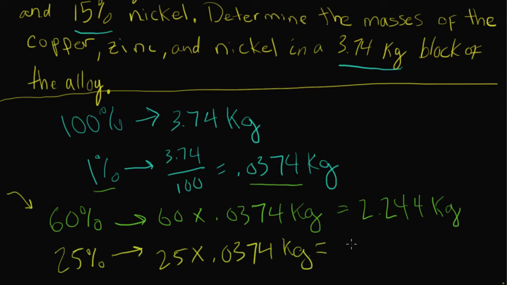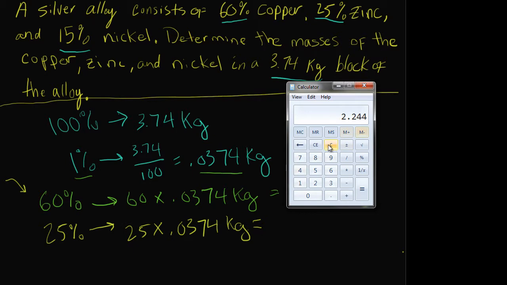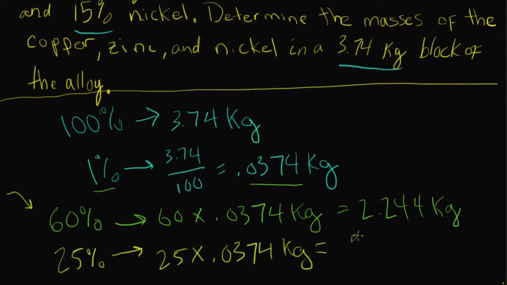And for this one, we'll just still use this, just so you could see exactly where it's all coming from. So 25 times 0.0374, 0.935 kilograms.